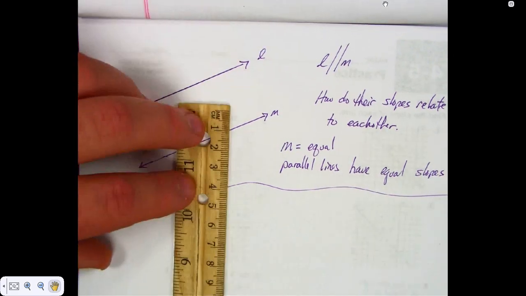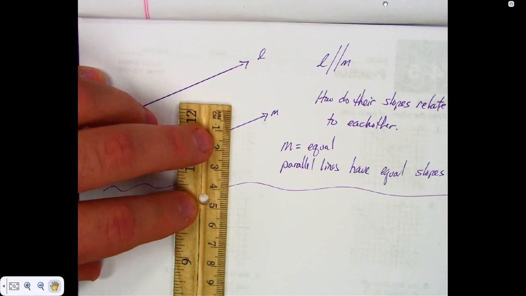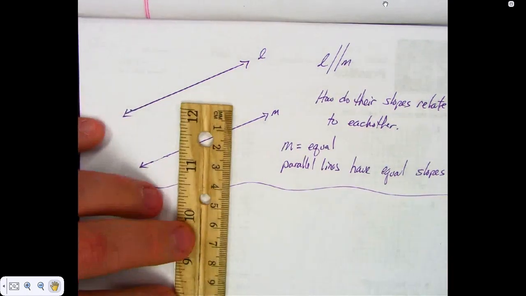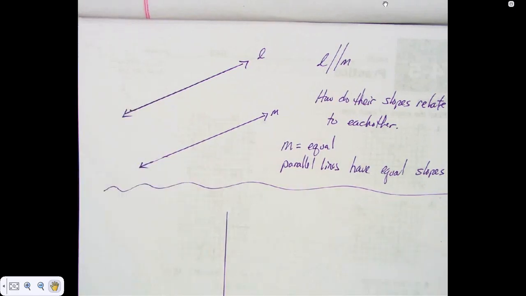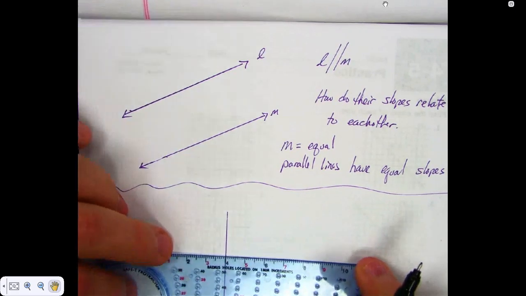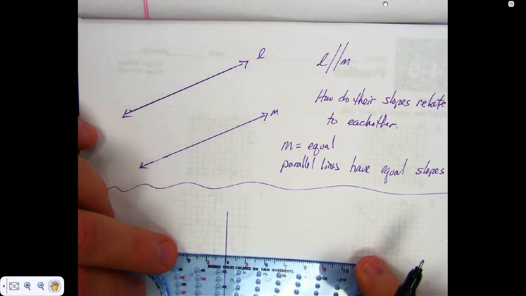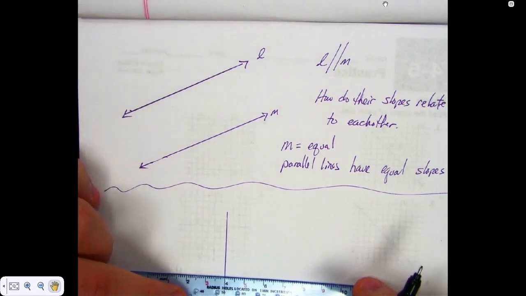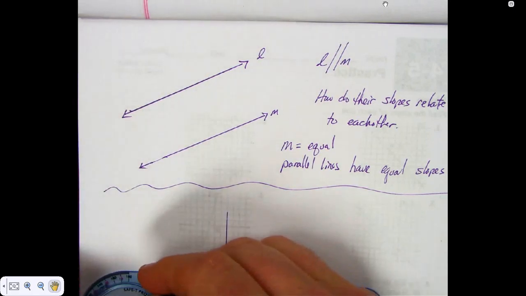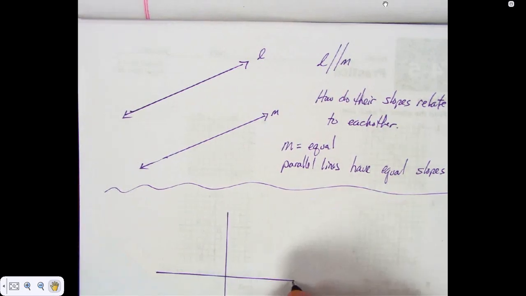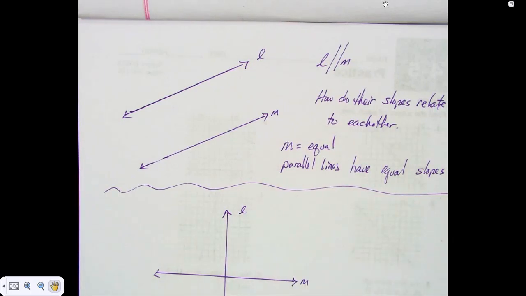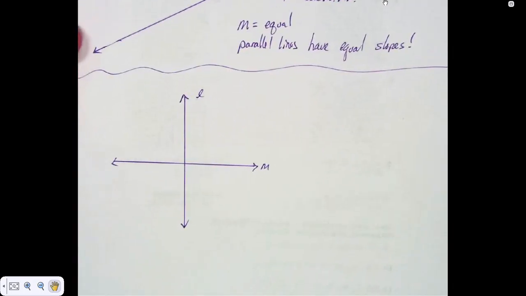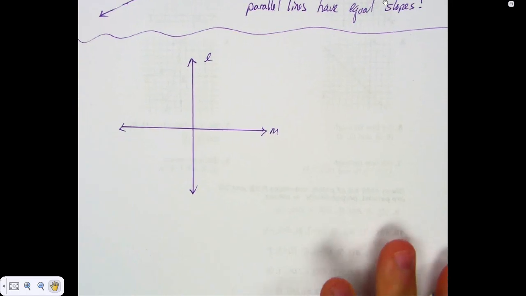Now, I'm going to draw a different type now. Can anybody tell me how you think L and M relate to each other?